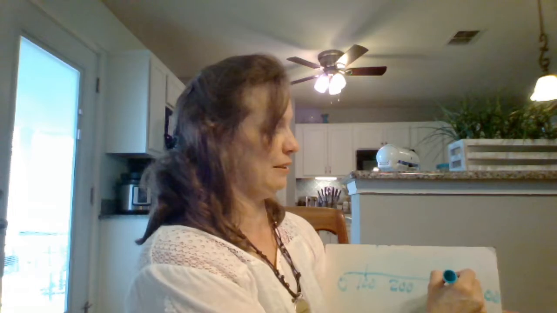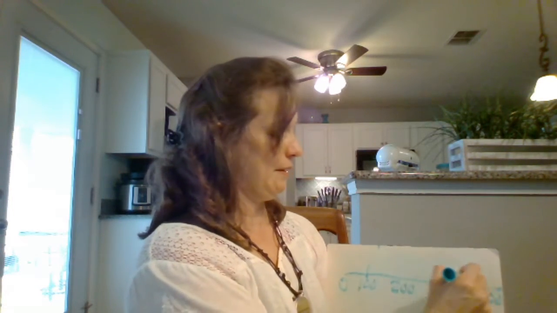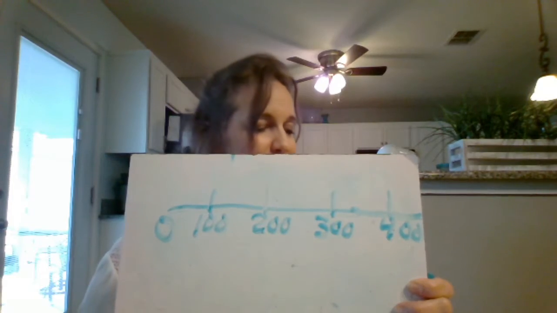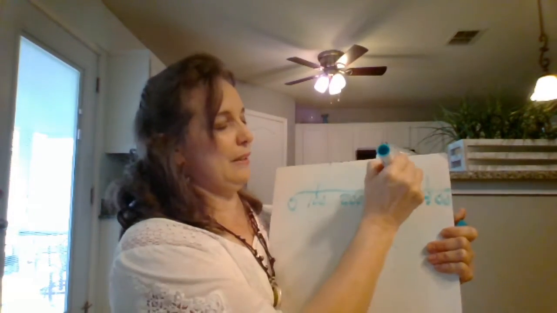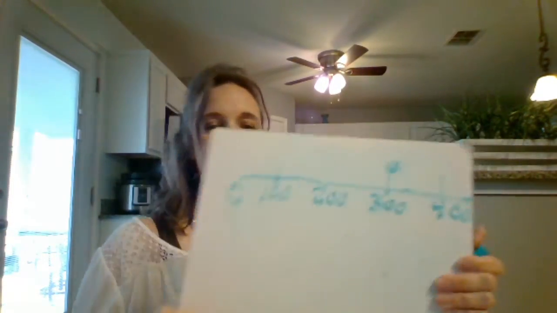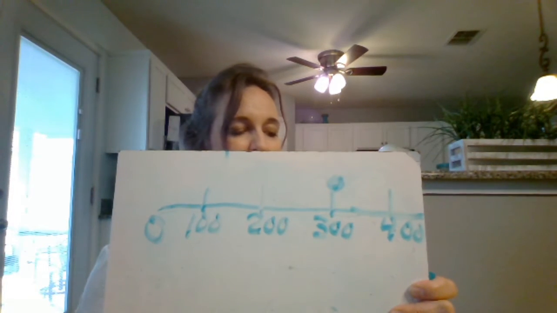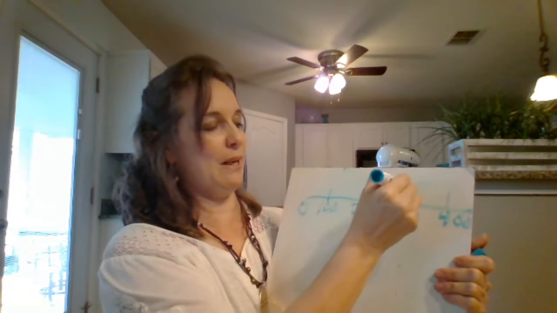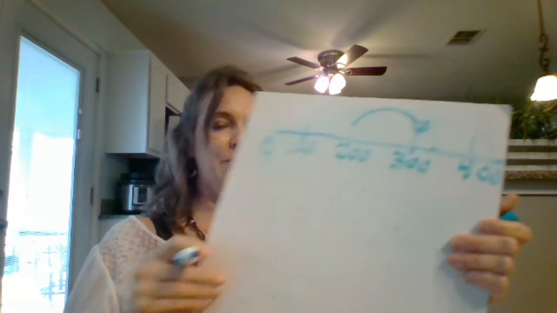Let me draw my line a little bit longer. So there we have it, a number line counting by hundreds. We're at 300. It said 100 less, so we have to back up a group of hundreds. So let's hop backwards one hop. And what do you have?